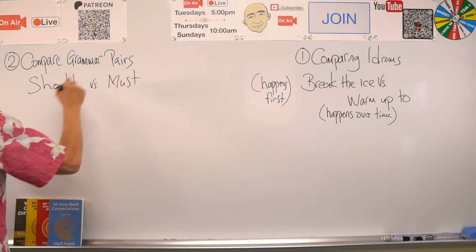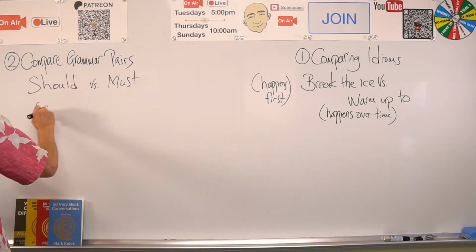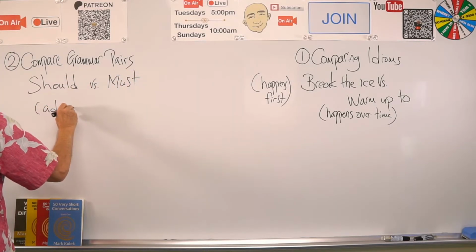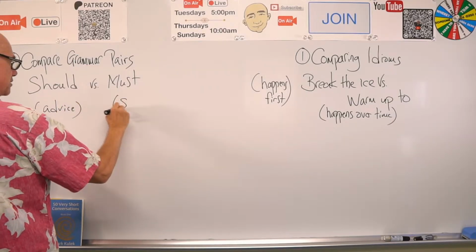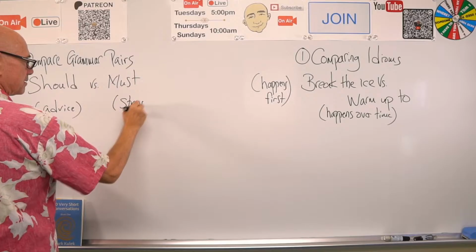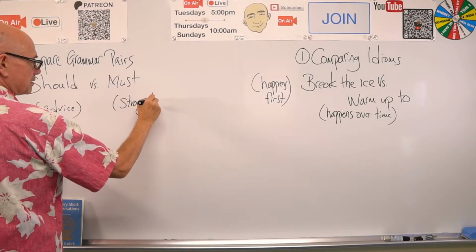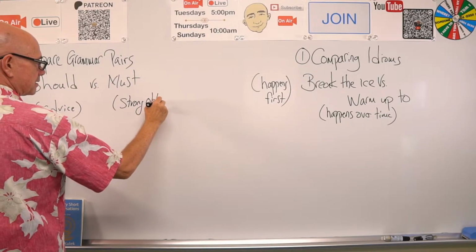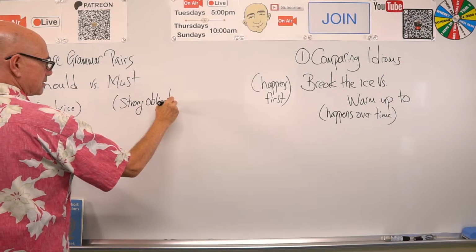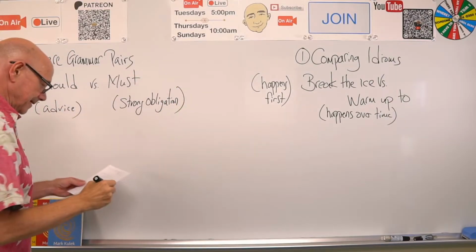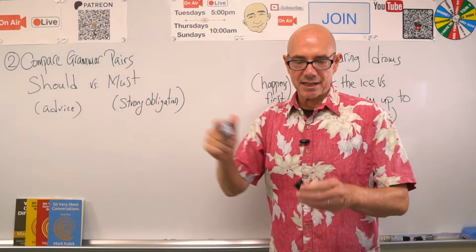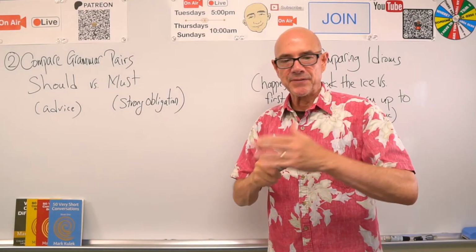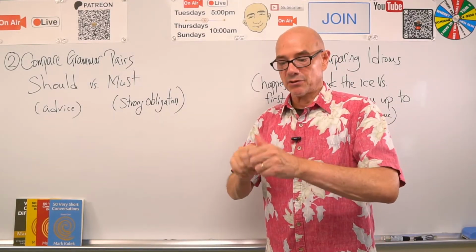And of course, we have a worksheet here. Should is advice. And must is strong obligation. Okay, good. So we have should and must. We're going to compare these two, and we use a worksheet to do it.